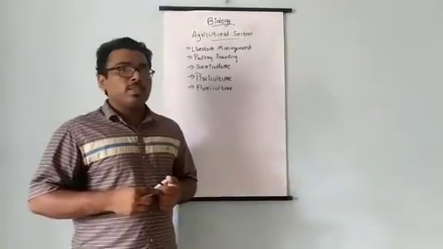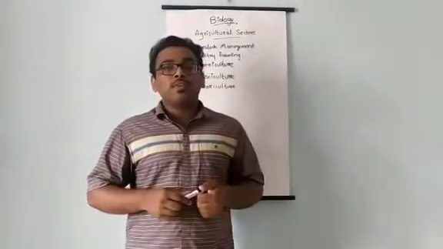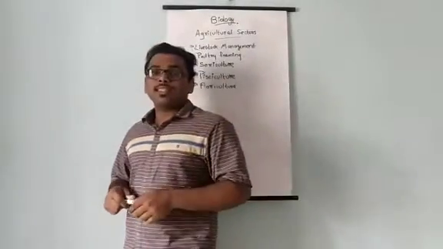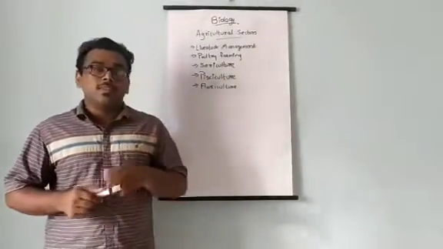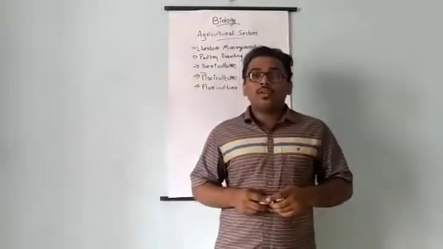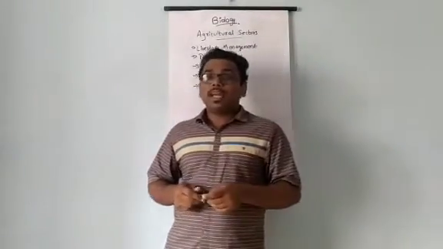These were the topics. Now the teacher will give you two homeworks. Are you ready? Take your science diary and note the questions. Question number one: write a short note on livestock management.